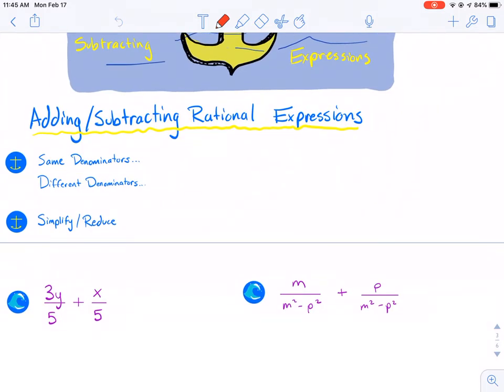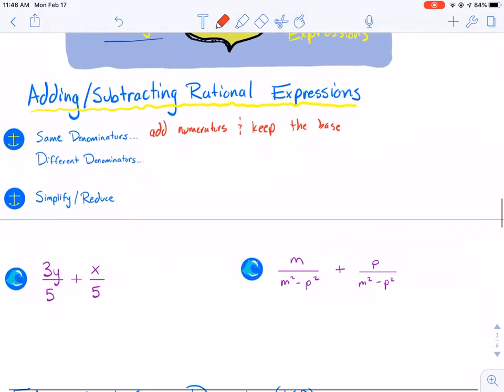If they have the same denominator, then we add numerators and keep the denominator, or keep the base. Okay, so that's how we handle the same denominators.